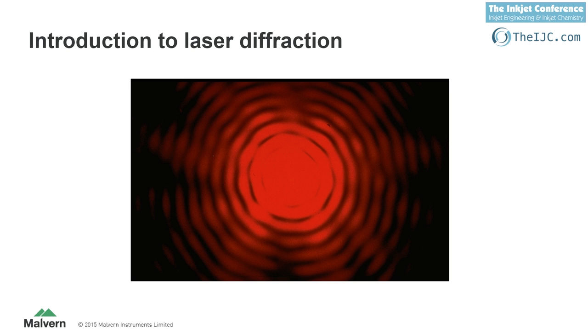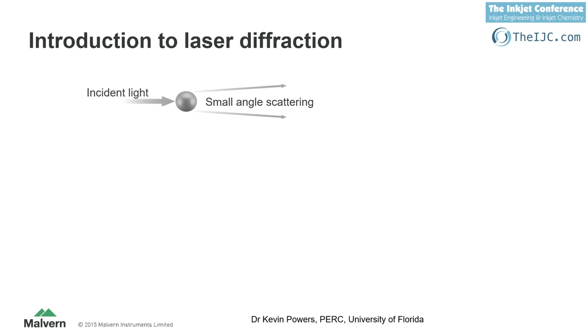So the measurement that laser diffraction makes is to look at the intensity of scattered light as a function of the angle from that incident laser beam. So we basically take a slice out of that diffraction pattern and measure the intensity of scattered light as a function of angle. And that gives us particle size information on the basic principle that if we've got big particles, we get a lot of scattering at forward angles, so we get a lot of narrow angle scattering from large particles.